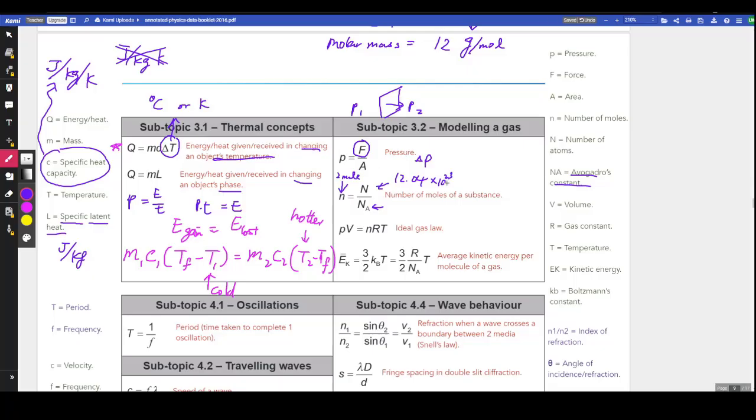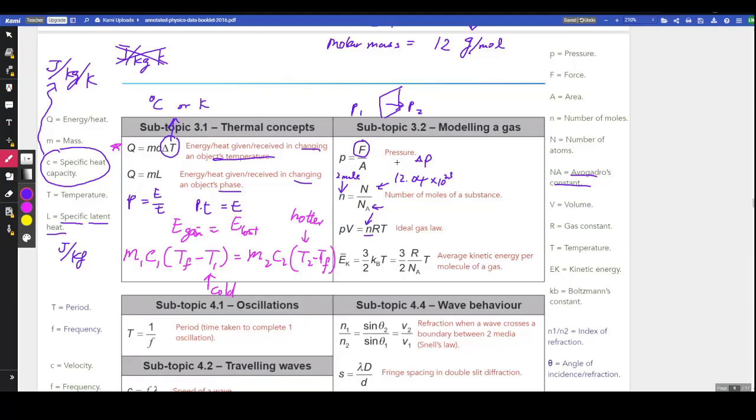Obviously this number is much bigger, and that's why it's called big N, while 2 moles, 2 is much smaller, so that's why it's called small n. And that would remind you that in the ideal gas law, this n is for moles only, not the total number of molecules.